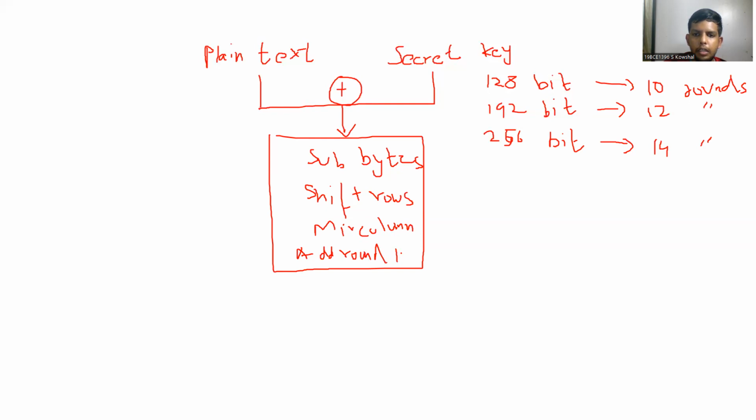I'll add my round key here. The round key is basically the key used in each and every round. And then this operation will be performed n minus one times.